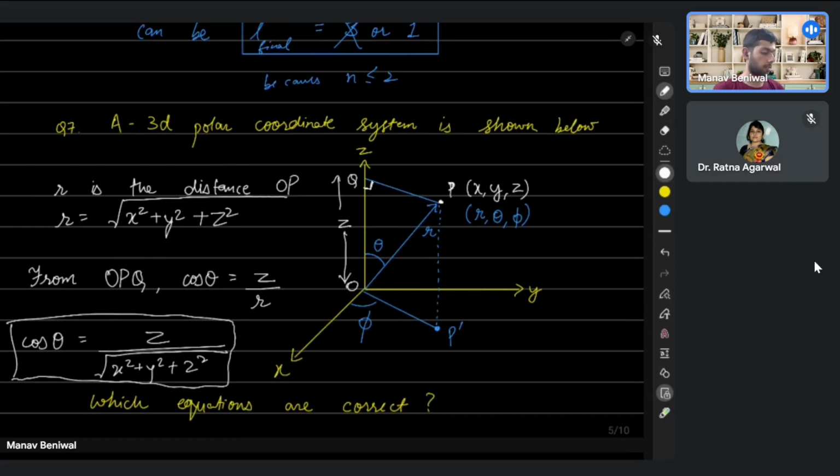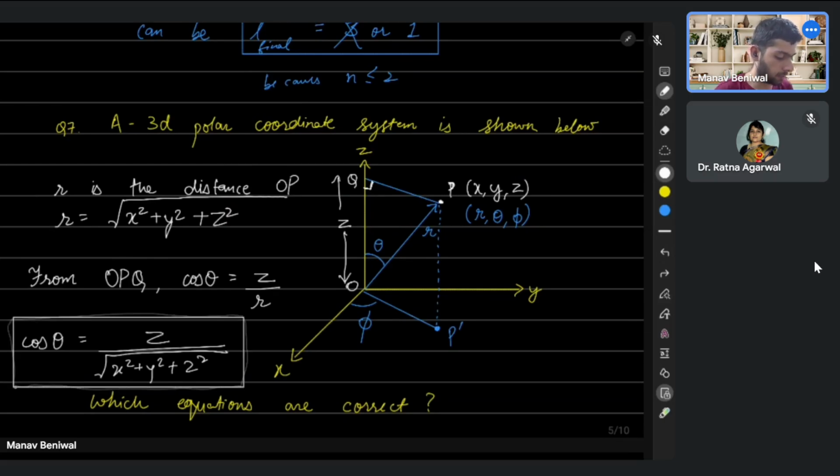We have the equation for cos theta. Now we need one equation for phi. Now note that this OP prime is equal to QP. This length OP prime and this length QP will be the same, right? This is just a rectangle.